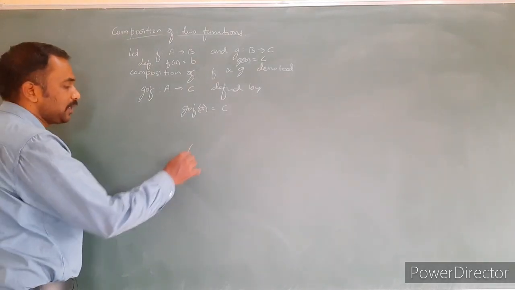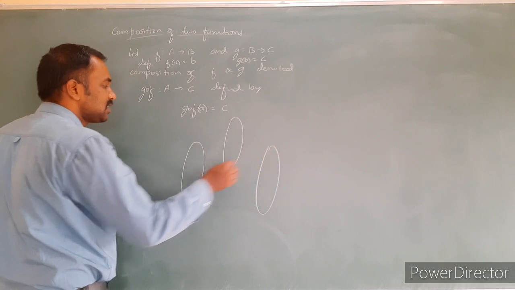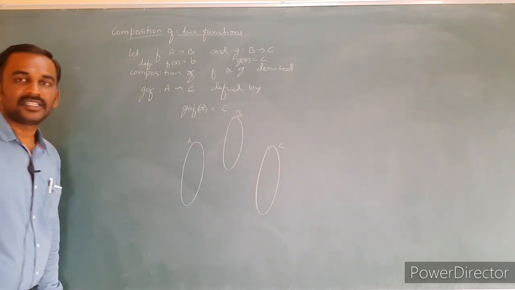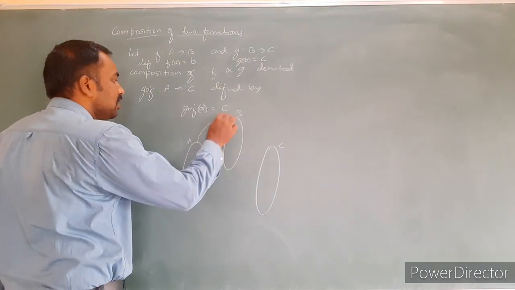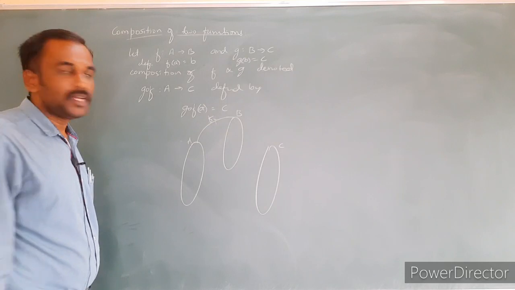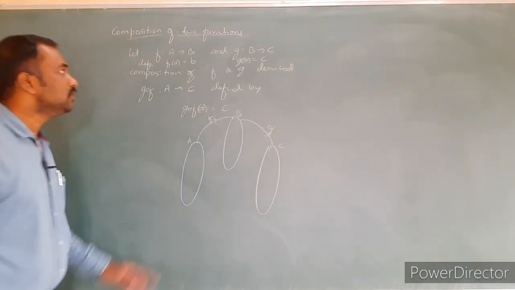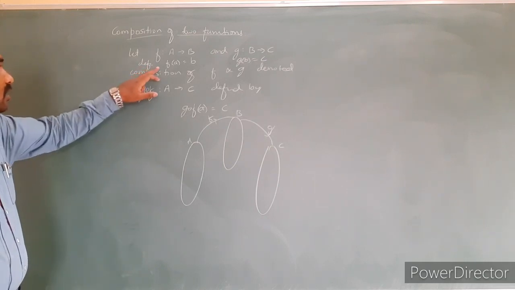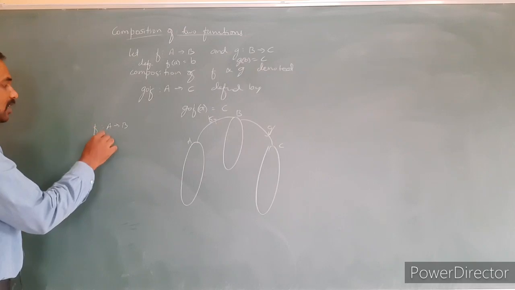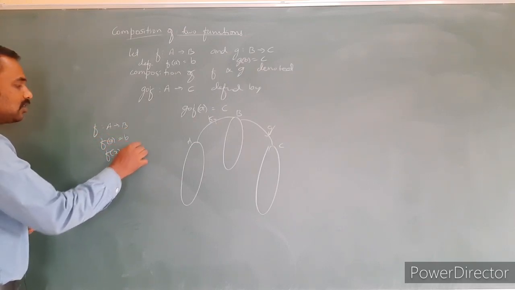Let's take it pictorially. Suppose three sets are there: this is the set A, this is the set B, and this is the set C. f is a function from A into B, and g is a function from B into C. We already know that f is a function from A into B, either f of a is equal to b or f of x is equal to y.